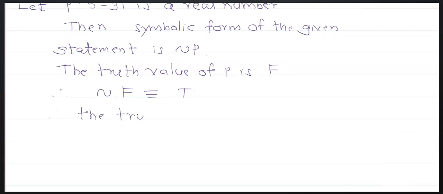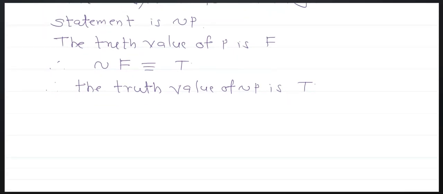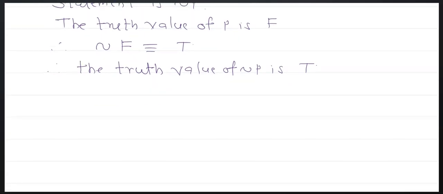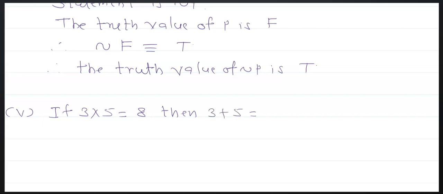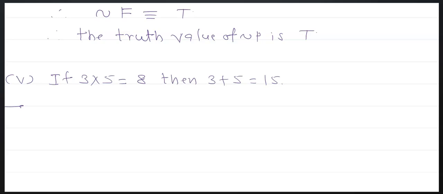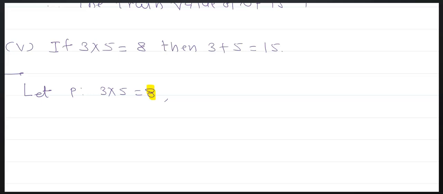Next. Fifth one. If 3 into 5 is equal to 8, then 3 plus 5 is equal to 15.